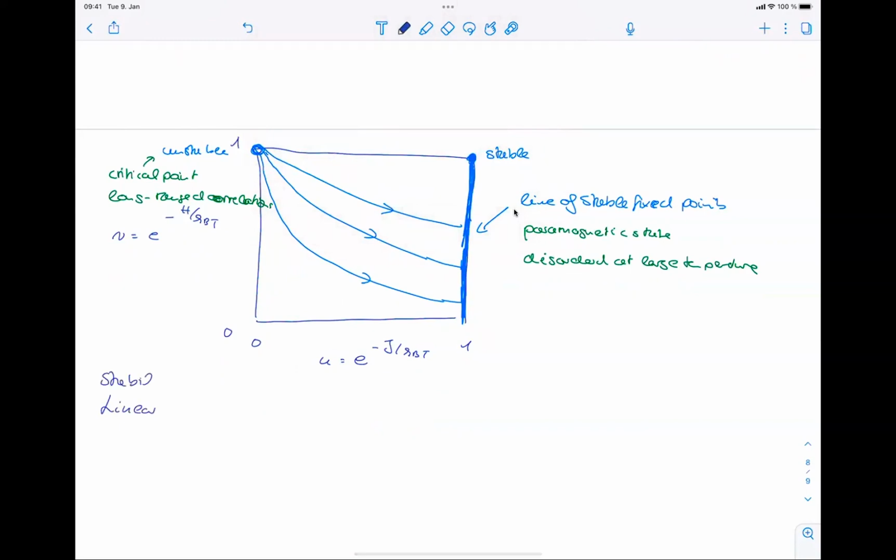So the stability results from linearizing around, let's say in this case, the unstable fixed point, which is v equal 1 and u equal 0.